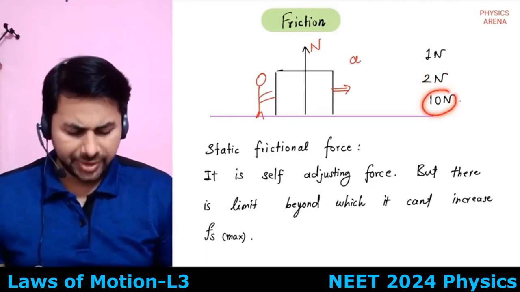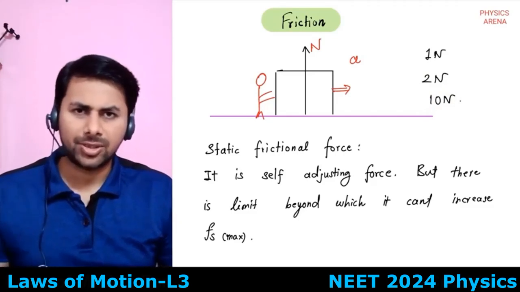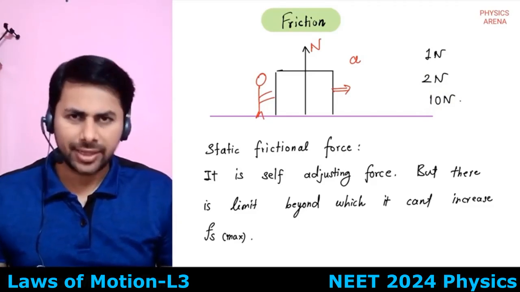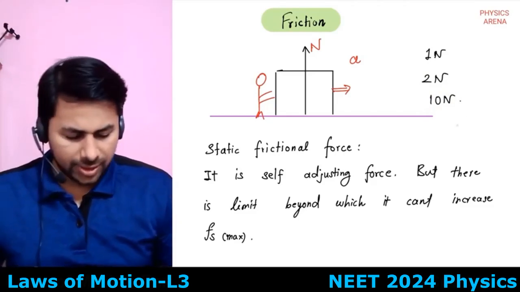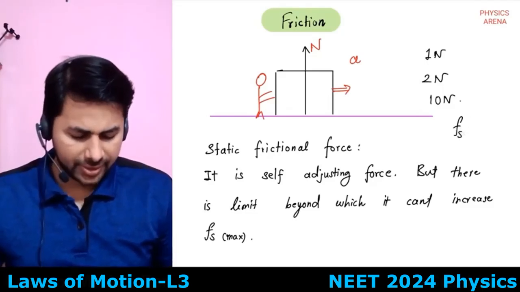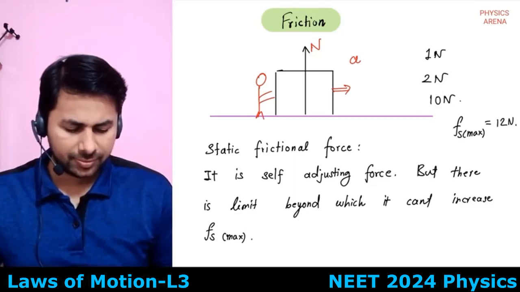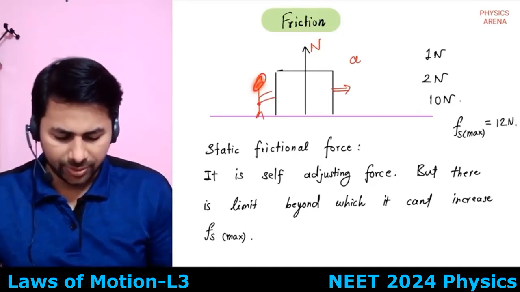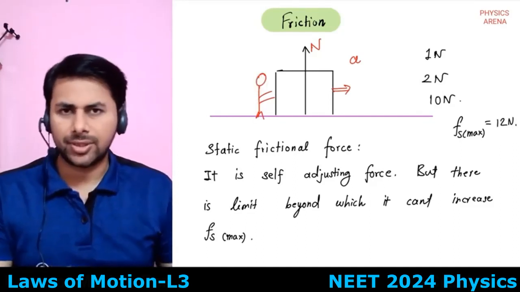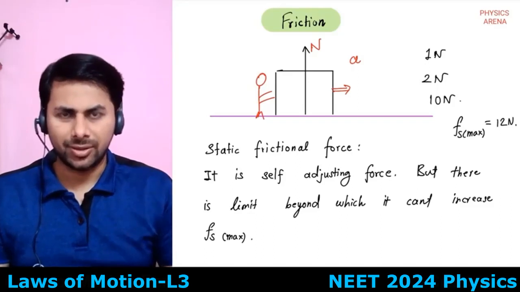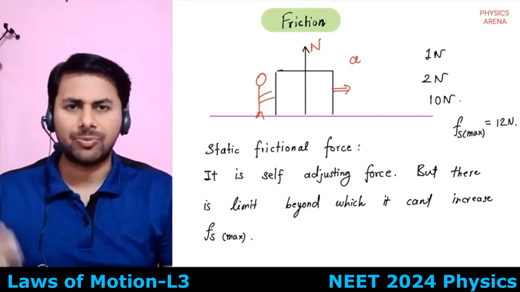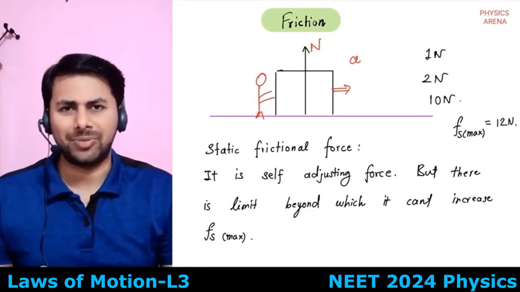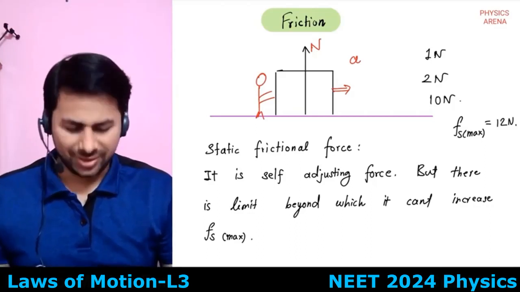External force is 10 Newton, the frictional force is also equal to 10 Newton. But now suppose the Fs max, the maximum value, is 12 Newton. If external force is 12 Newton, frictional force will be equal to 12 Newton. But if external force is 12.1, frictional force cannot be equal to 12.1.